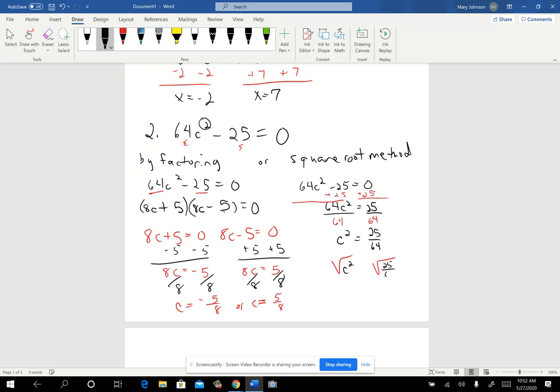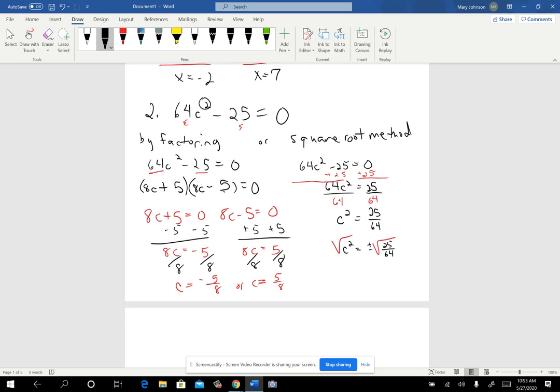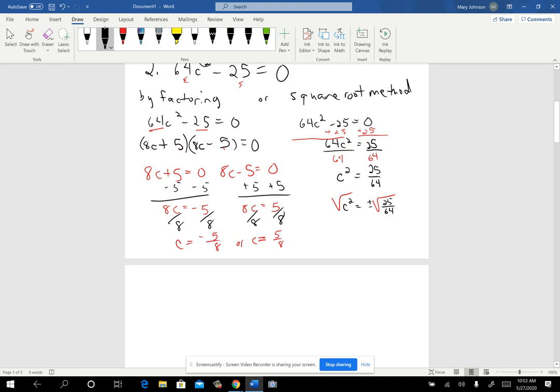The biggest mistake that students make is forgetting that there are two square roots to a number. If you do the square root of both sides, that symbol really only means the positive one. So you have to be sure to put that plus or minus there, or you're going to miss one of the two solutions.